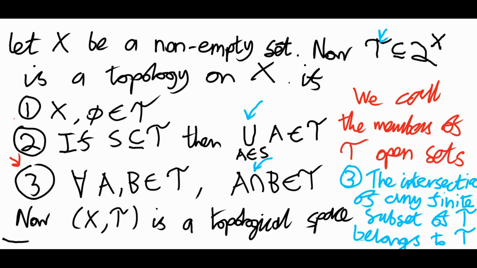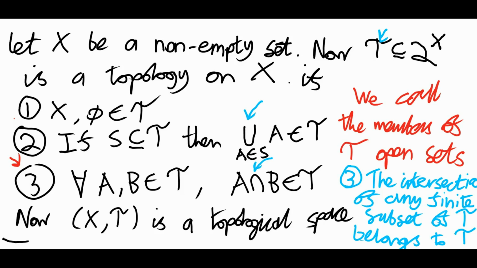So then we get that the intersection of any three open sets is an open set. And then we can make any intersection of four open sets by taking the intersection of three open sets and intersecting it with another open set, and so on and so forth. So we can just go on by induction and show that for any finite number of open sets, their intersection is also going to be an open set.